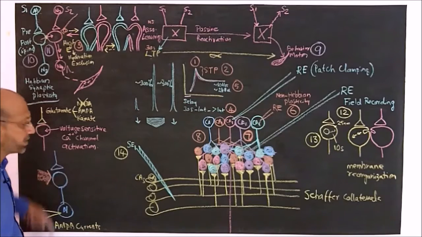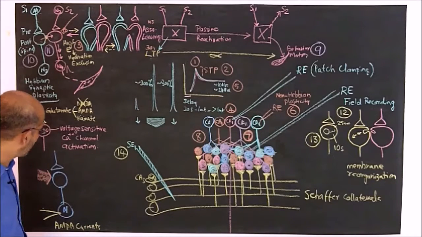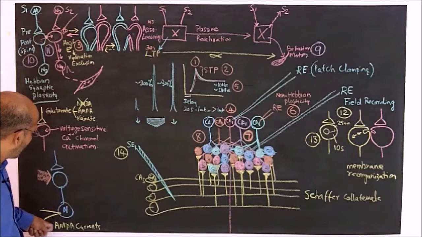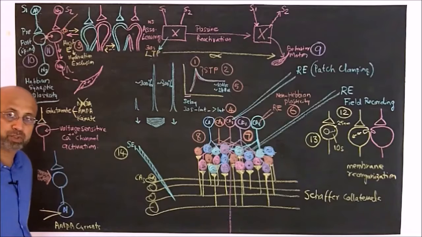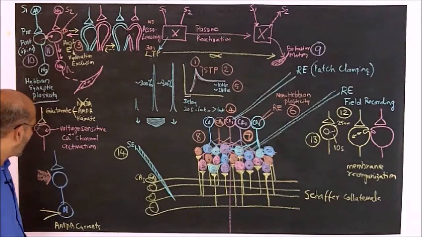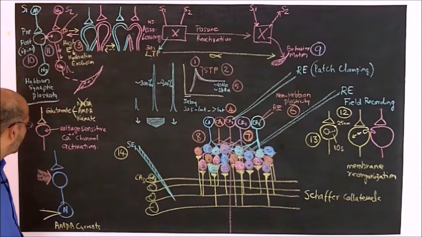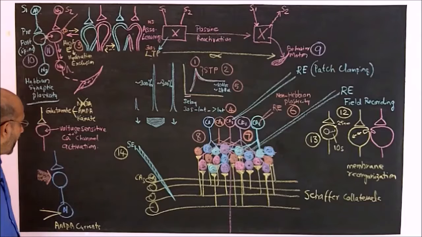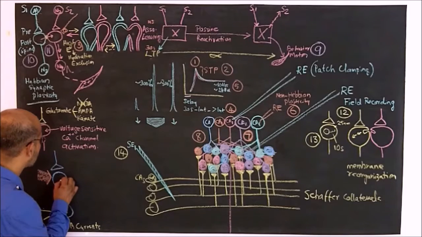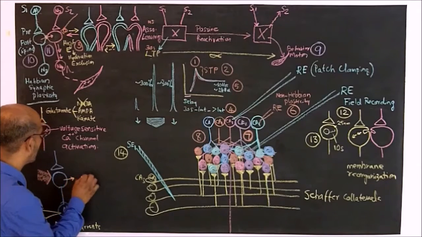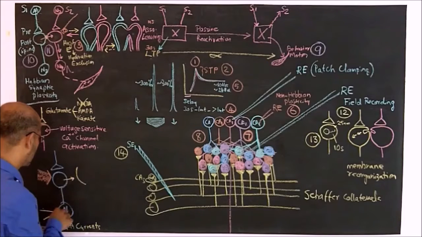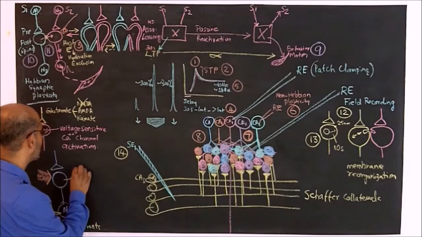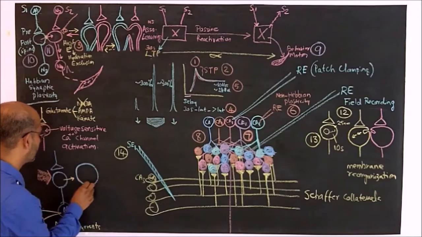So when single dendritic spines were stimulated, they could record potentiation of AMPA currents when recorded from the neuronal soma. How can we explain that? They found the potentiation at small dendritic spines, and those dendritic spines enlarged.